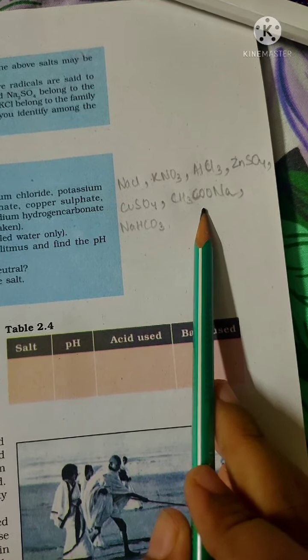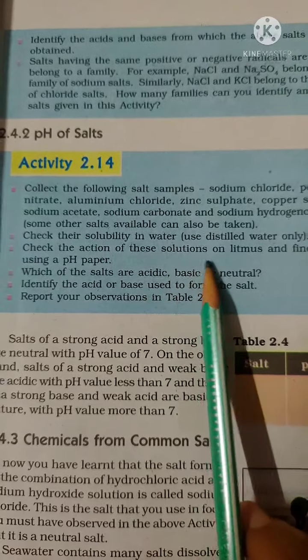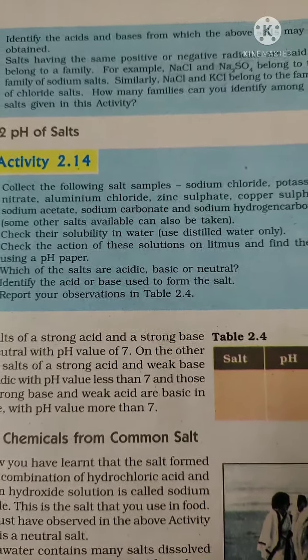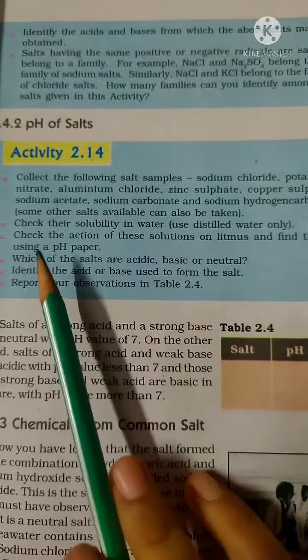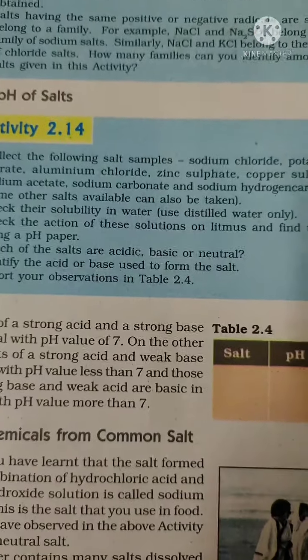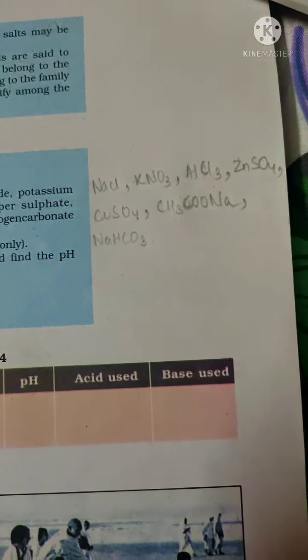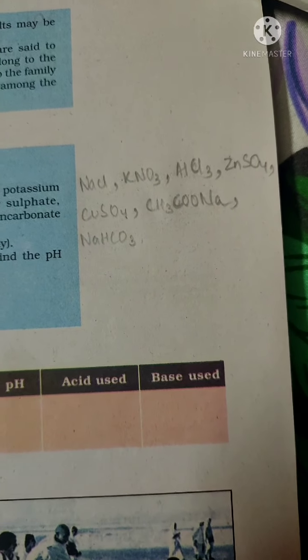Now coming to the next, check the action of this solution on litmus and find the pH using pH paper. The main thing asked here is to understand whether a salt is an acidic salt or a basic salt.